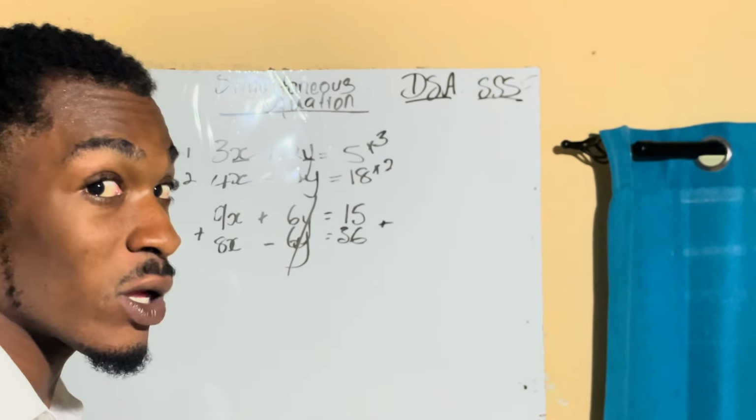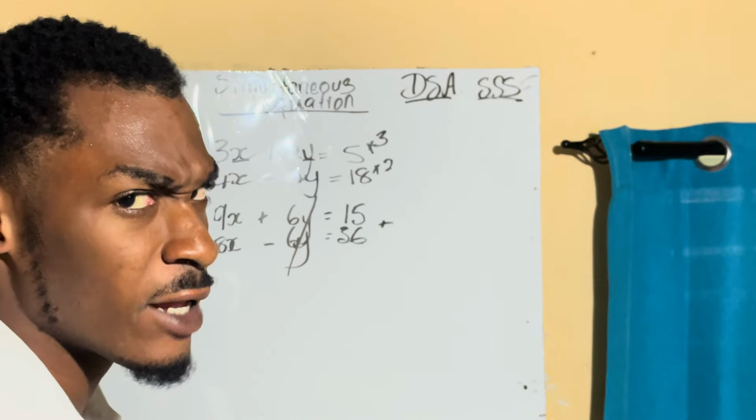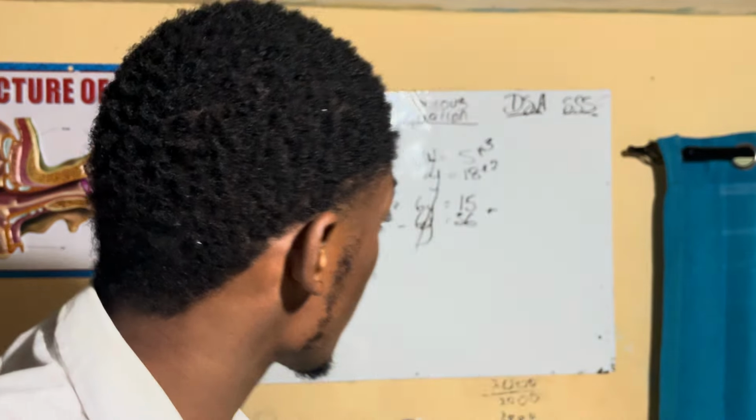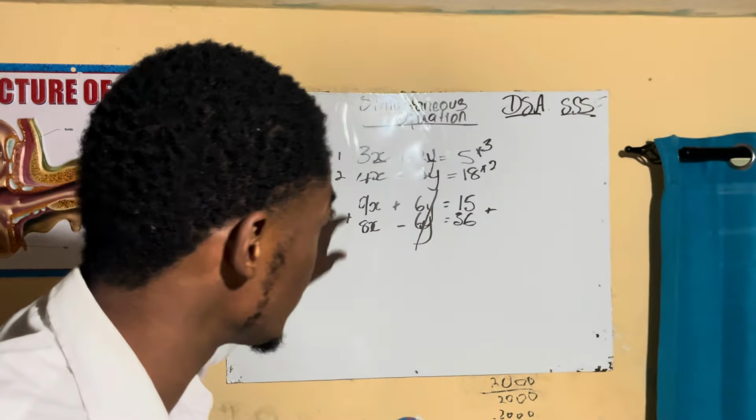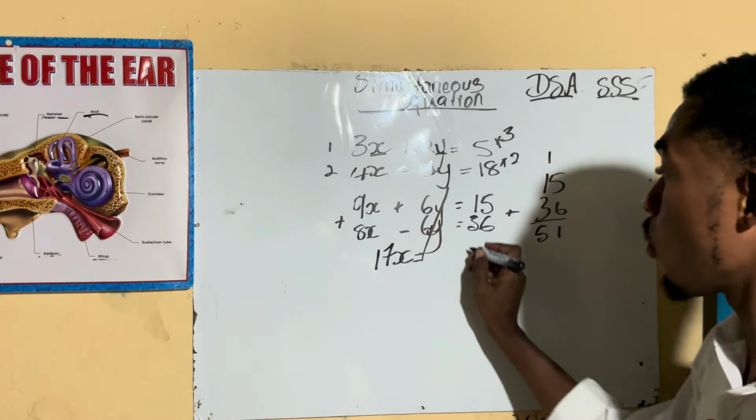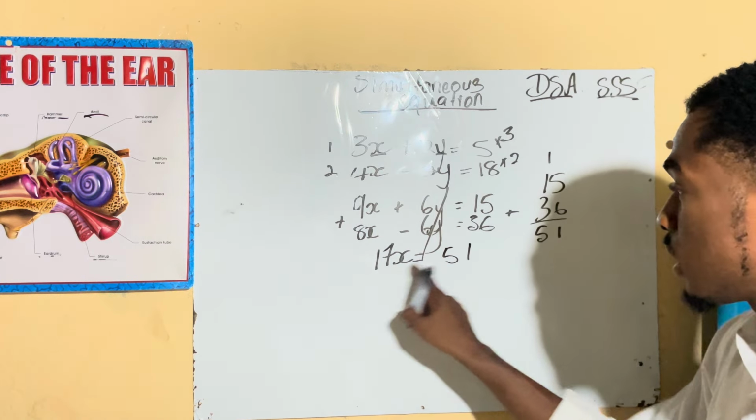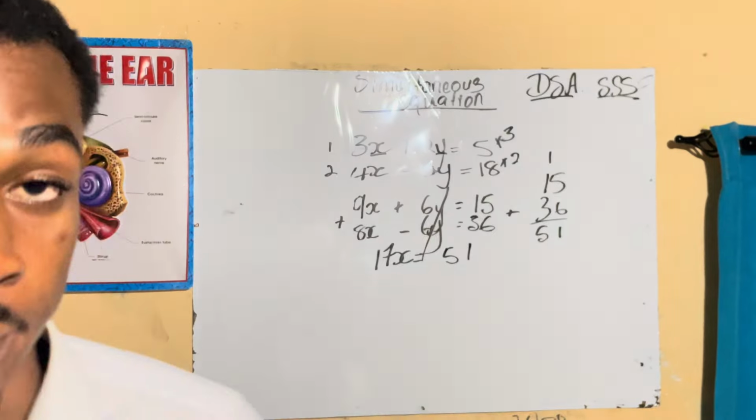We just have to work with the numbers that are left. So we have 9x plus 8x, which gives us 17x, equals, now we do the same for this side, 15 plus 36. 6 and 5 is 11, carry 1. We get 51. So now we have 17x equals 51.